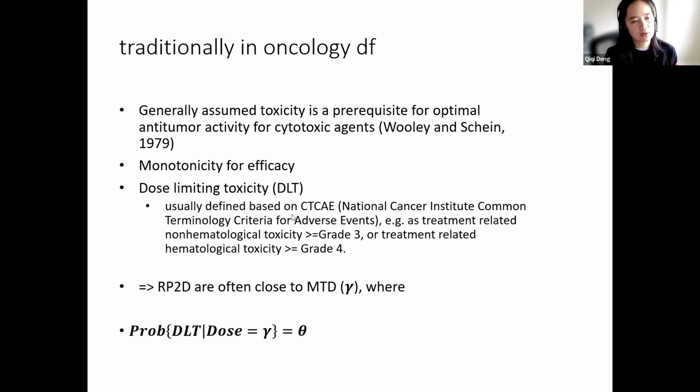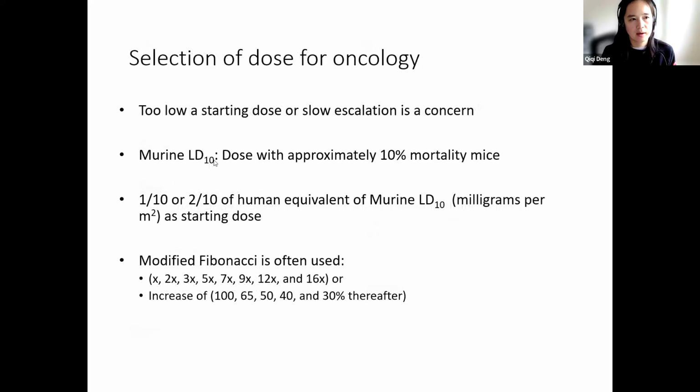We don't want to go too low because toxicity and efficacy usually come hand in hand in traditional chemotherapy. And because of the life-threatening nature of the disease, if your starting dose is too low, or if your escalation is too slow, that's going to be a concern, because the subject is not likely to be treated adequately unless you already put them on standard of care.